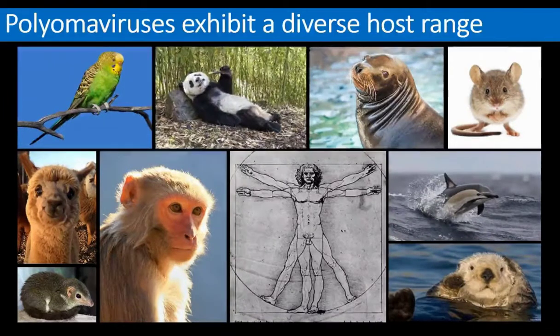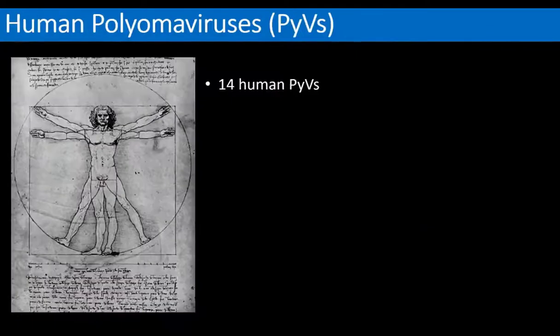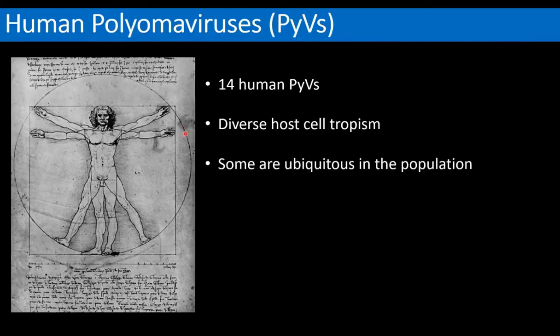And to add another layer of complexity to all this, there are likely multiple polyomaviruses that infect each of these animals. And for an example of this, we just need to look at ourselves. There are 14 known human polyomaviruses that infect a diverse range of cell types in the human body. Some human polyomaviruses are ubiquitous in the population, and the chances are pretty good that everyone listening to this has at least one polyomavirus in their system right now.